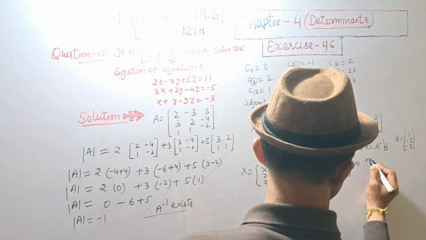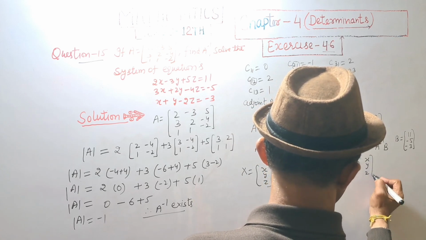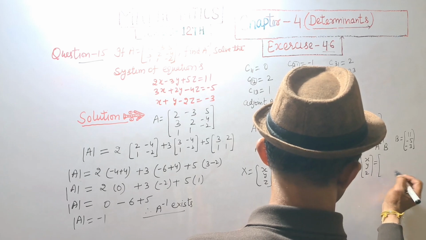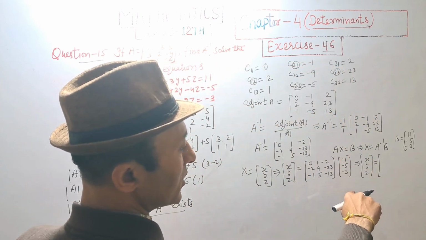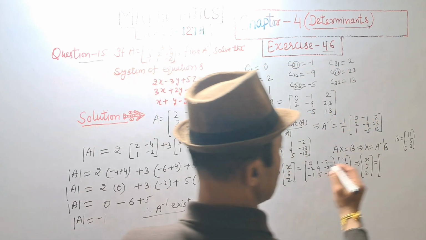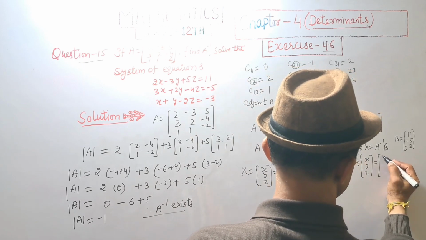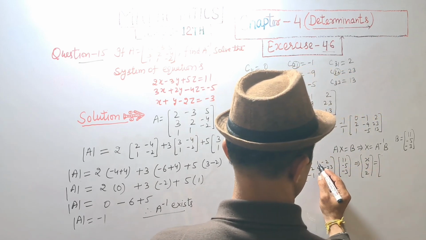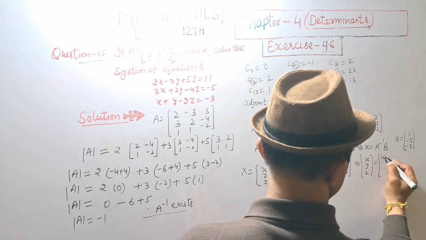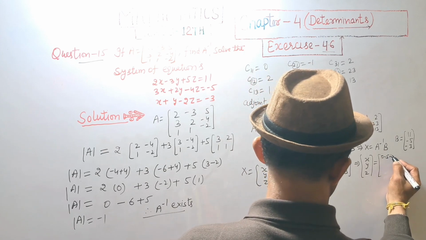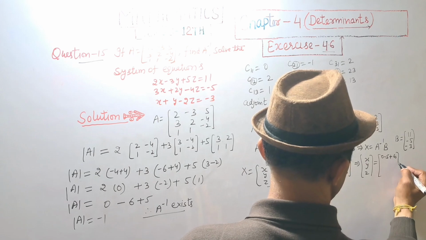This implies x, y, z is equal to first row multiplied by first column. We get the value of x. 0 multiplied by 11 is 0, and 1 multiplied by -5 is -5, plus 3 twos are 6.